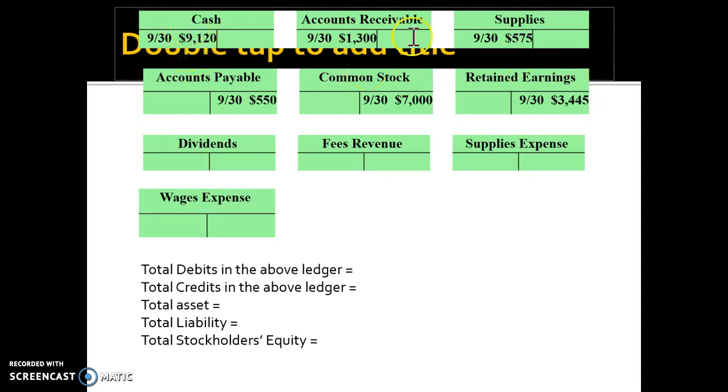So the debit sides added together should be the same as the credit sides added together in all your ledgers. You can also answer the question of what is the total amount of assets above, which means just the asset accounts' balances added up together, and the liabilities are just the liability accounts added up together.